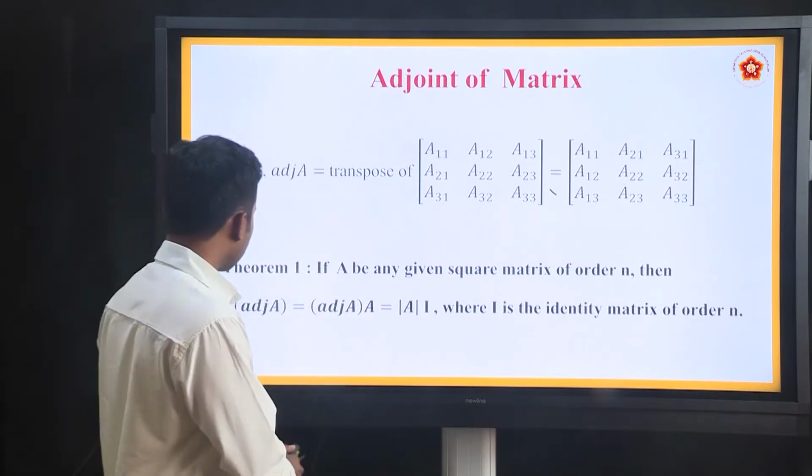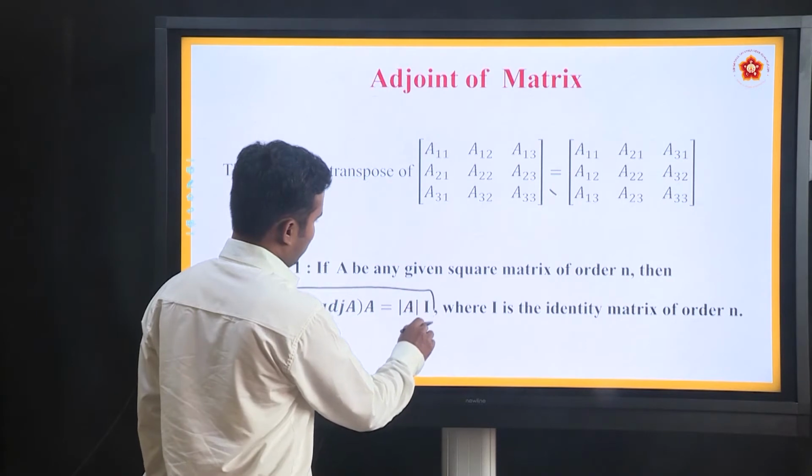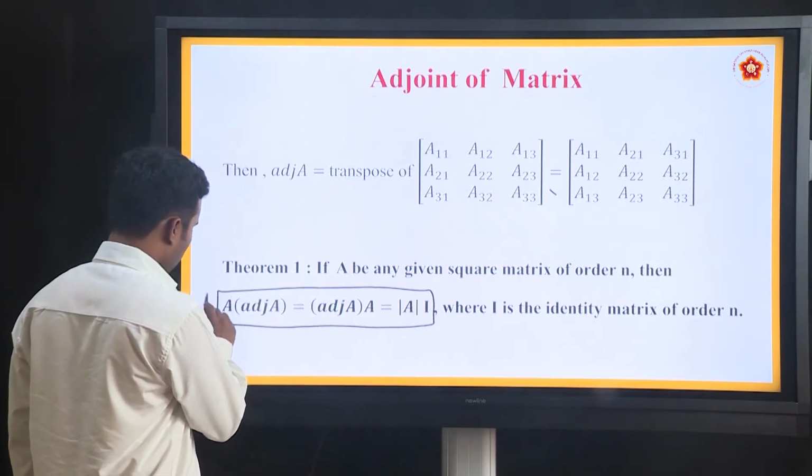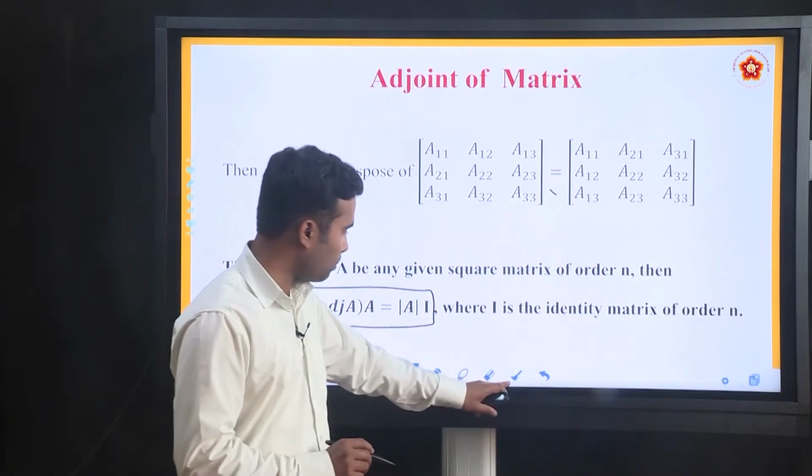So, you just remember this expression. We are going to solve problems on this expression while doing exercise 4.5.